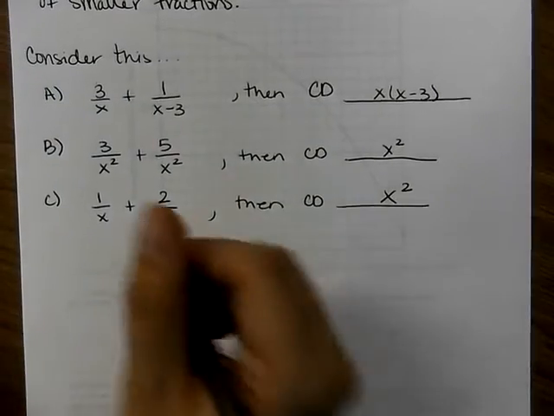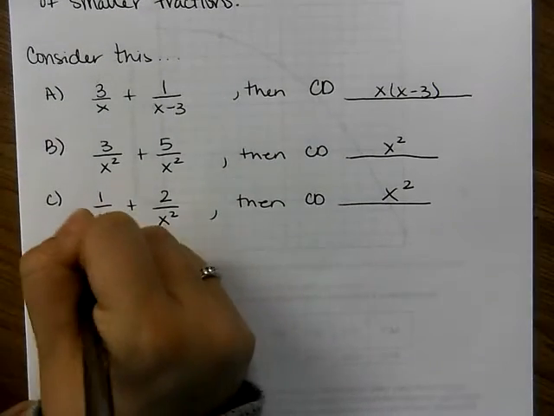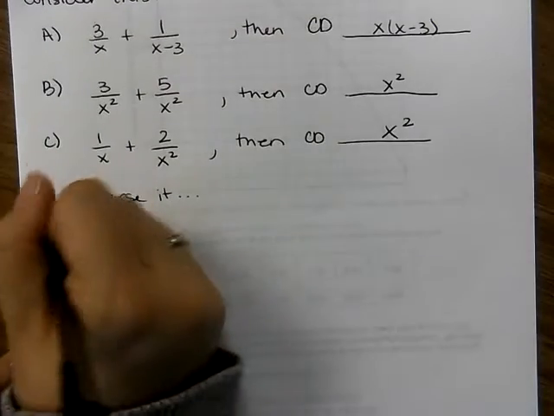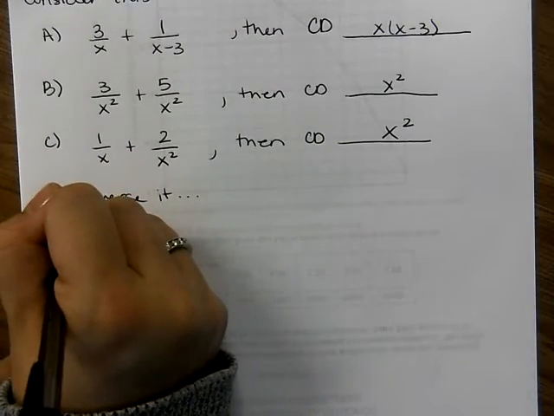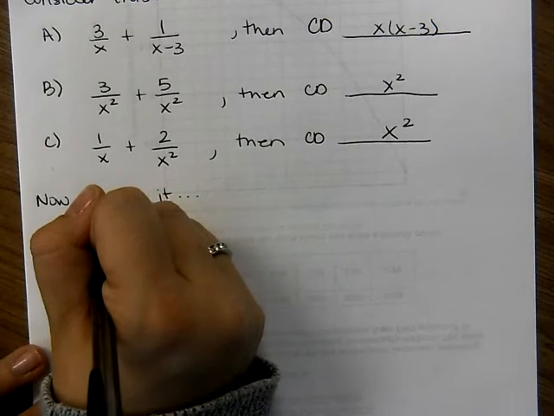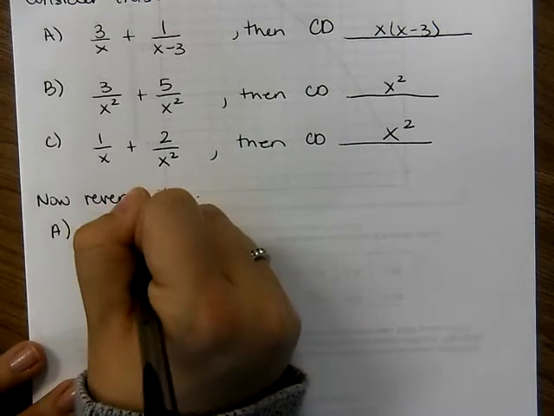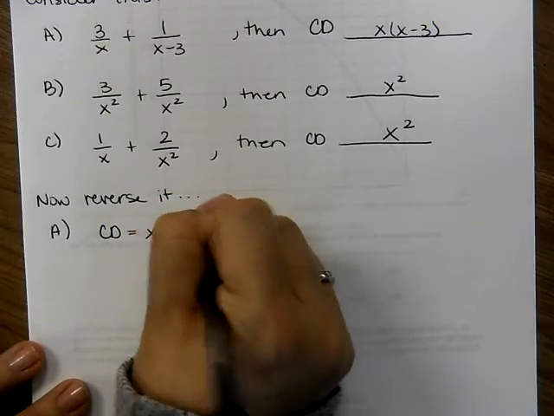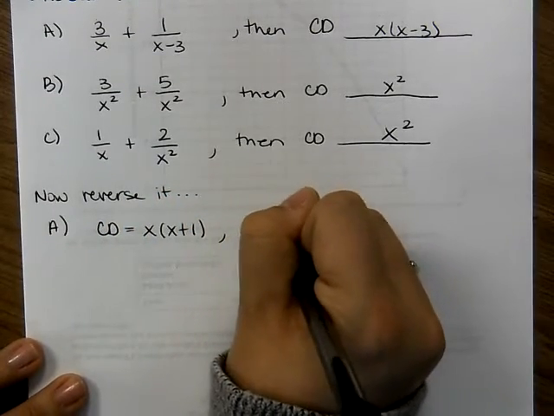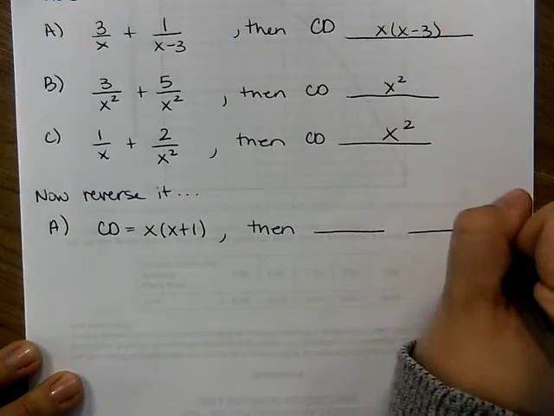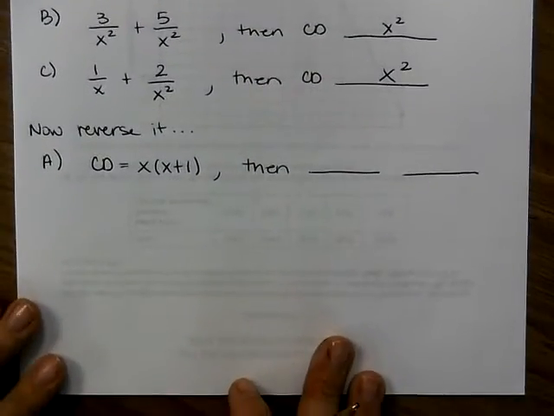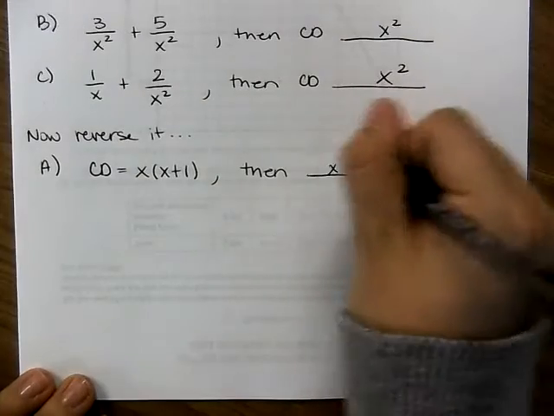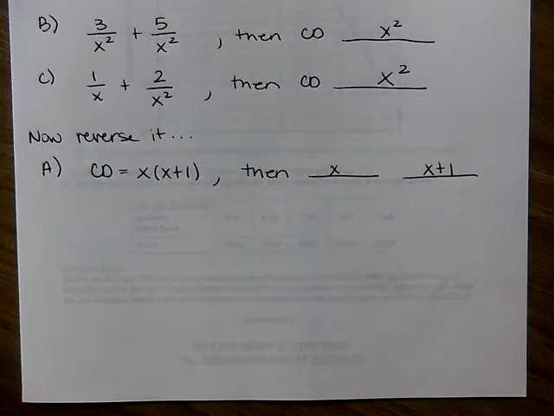Now we're going to reverse it. So let's say this time that our common denominator was equal to x times x plus 1. Then what were our two original denominators? So if you had to break them up, wouldn't it be x and x plus 1?